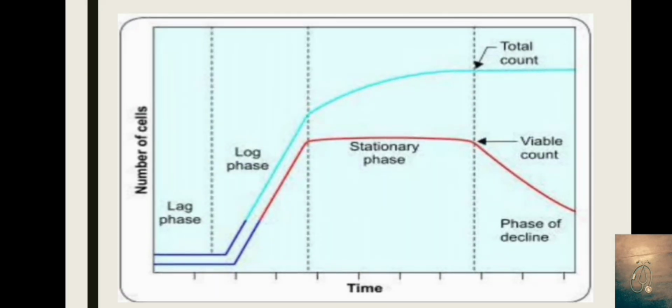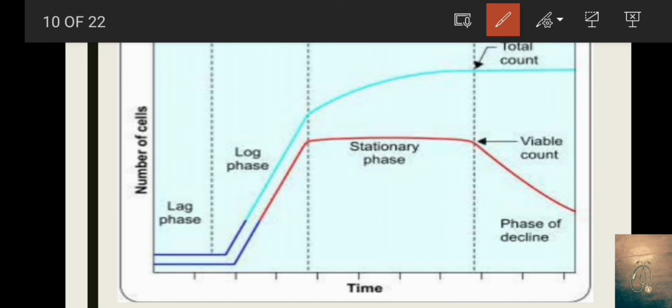See here, this is the lag phase. In this lag phase, the bacteria do not immediately divide. In the lag phase, the enzymes are produced and synthesized, and in the log phase it starts dividing immediately and utilizes the enzymes and metabolites to divide the cells.